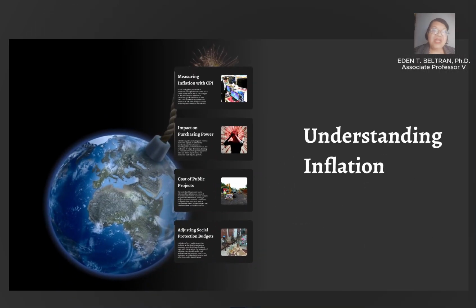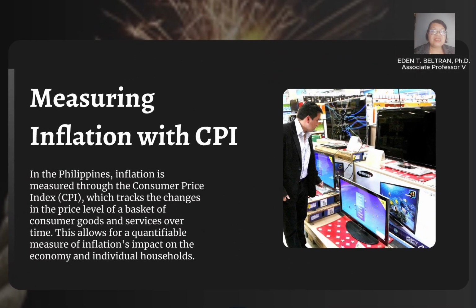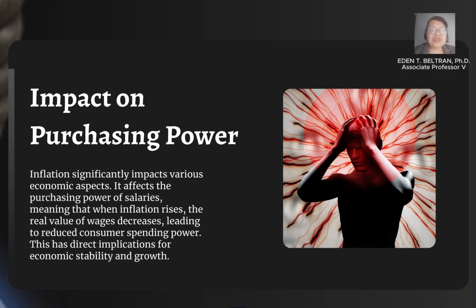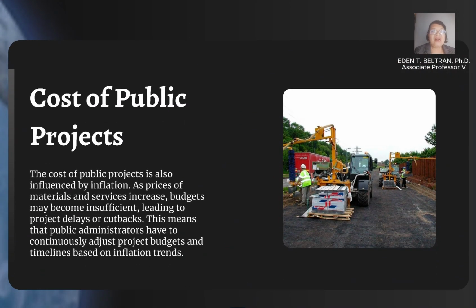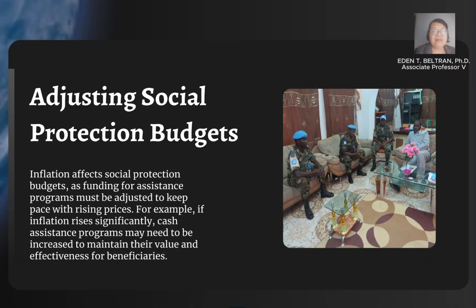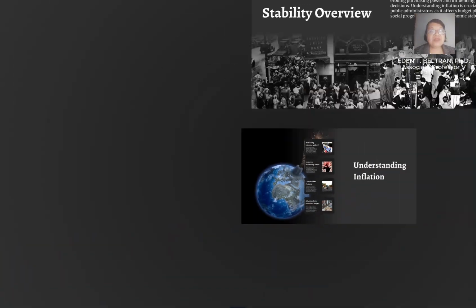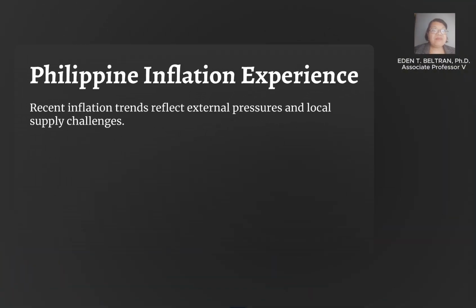And this explains why the Bangko Sentral ng Pilipinas uses interest rate policies. Or the Department of Agriculture, for example, focuses on food supply chains to mitigate the impact of rising prices. And on the part of the Department of Social Welfare and Development, they have to be ready to adjust social assistance levels.